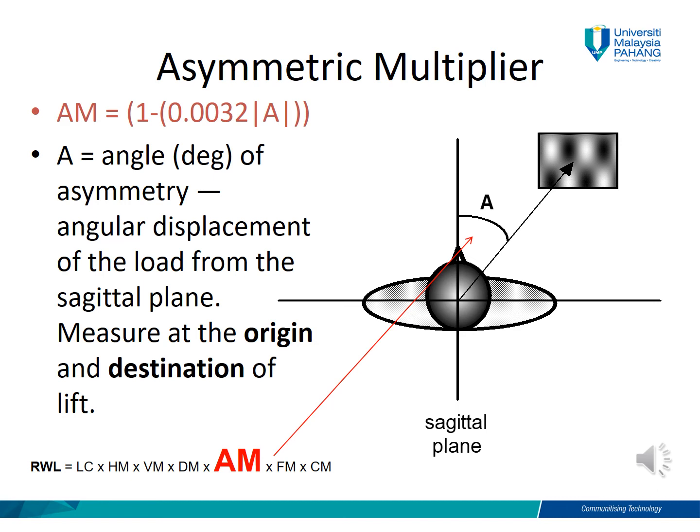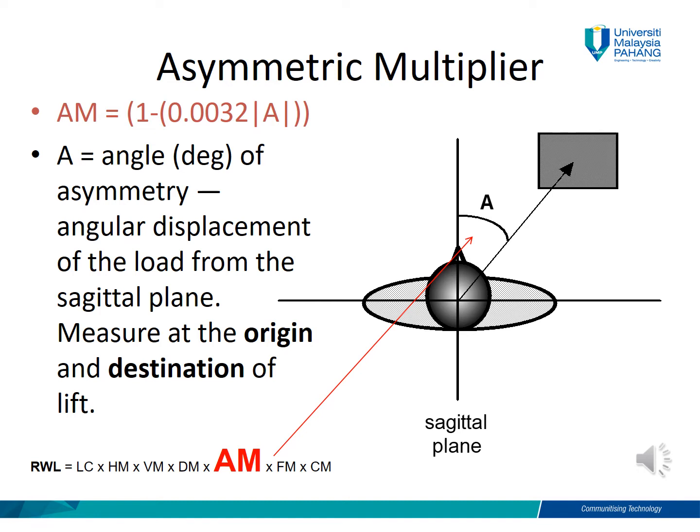For the asymmetry multiplier, we need to get A, which is the angle in degrees of asymmetry, the angular displacement of the load from the sagittal plane, measured at the origin and destination of the lift.